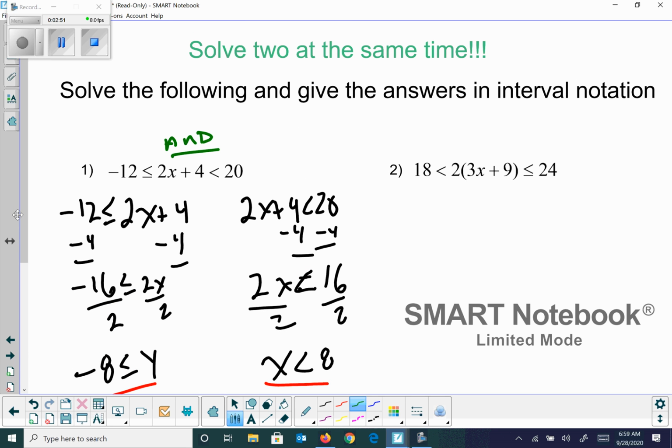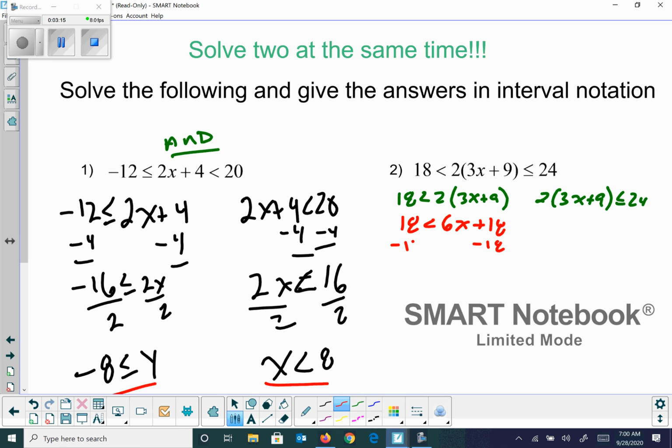Okay, number 2. Again, we're going to break this into the two problems. And we're going to solve both. So distribute the 2. Subtract 18, subtract 18.